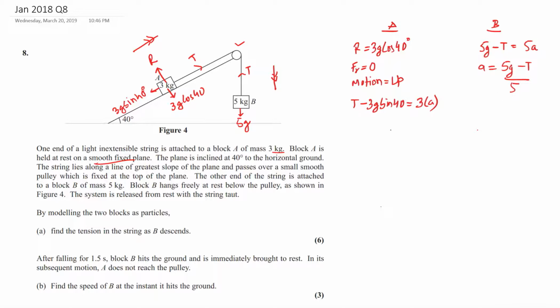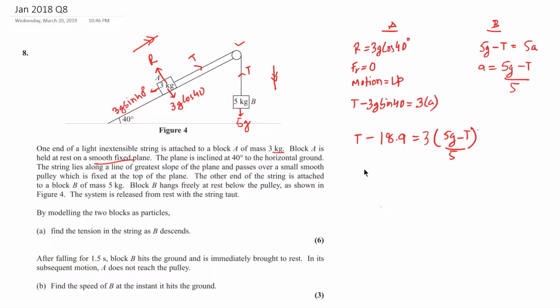Now putting the value of a in equation 1, T minus, let's calculate the value for 3g sin 40, it will be 18.9, equals 3 into a. a will be (5g minus T) divided by 5.